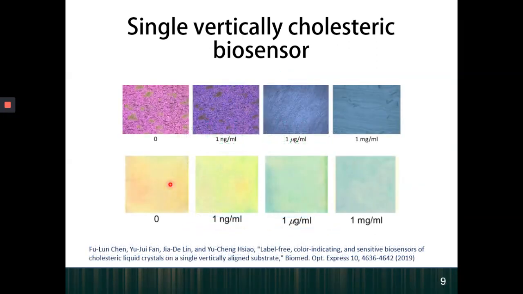Okay, you can see that it's a different color from 0 to 1 microgram here, and these are cross-polarized optical microscopy images. You can observe that there are many different lines here, and if you increase the biomolecular concentrations, the light decreases here.